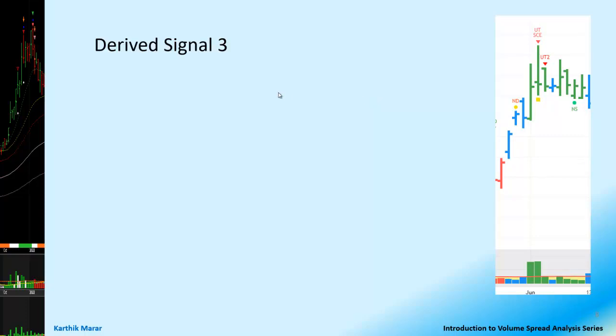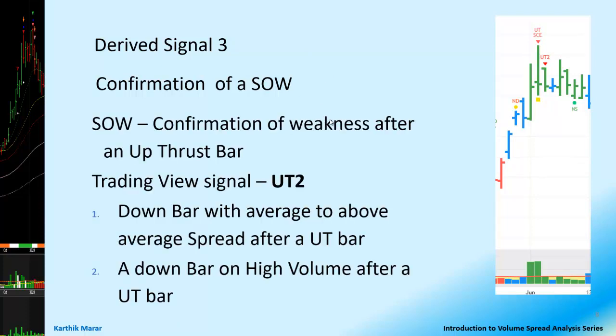The third derived signal is a confirmation of a sign of weakness. So whenever we see a sign of weakness, we need to have confirmation. So this signal is actually a confirmation of a sign of weakness, the confirmation of weakness after an upthrust bar.